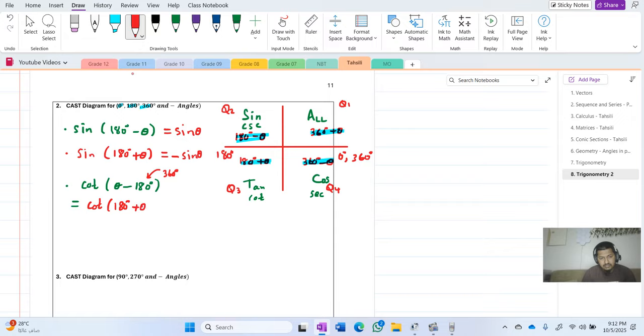So we want to make it look like 180 plus theta minus 360. If we simplify this, that's in the third quadrant, and cot is positive, so it's just cot theta, and you know cot theta is cos theta over sine theta. I hope you guys understood that.